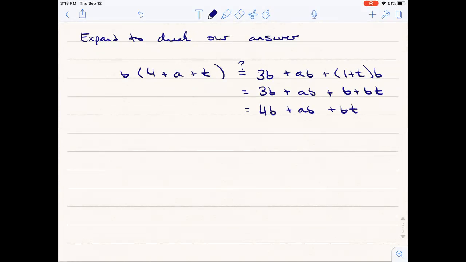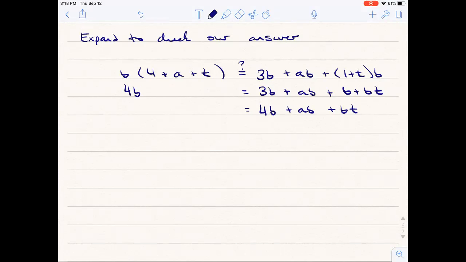Now, whichever way we want to do it, if we want to expand the left-hand side, or if we want to pull out a B here, you'll see that they're the same. How about I'll expand the left-hand side since we're checking our answer. And so we'll do B times 4, even though for me, I always want to write the coefficient on the left-hand side. And you know what? I'm going to, because I want to. 4b. I always want the number on the left and then the variable on the right.